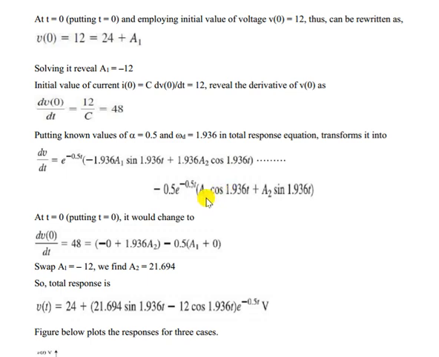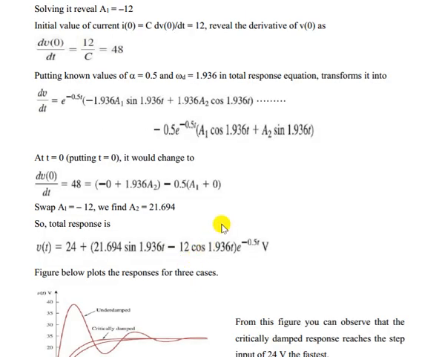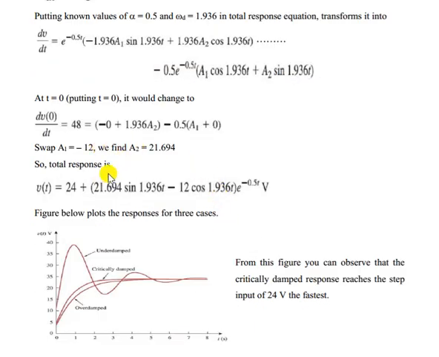So we have here a1 times 0.5 and here a2 into this 1.936, other terms become 0, and we already know the value of a1, so we put it here. We can find the value of a2 very easily. So by putting in the a1 and a2 values we got the total underdamped expression.